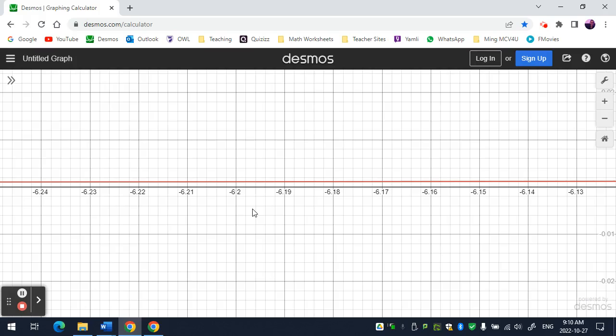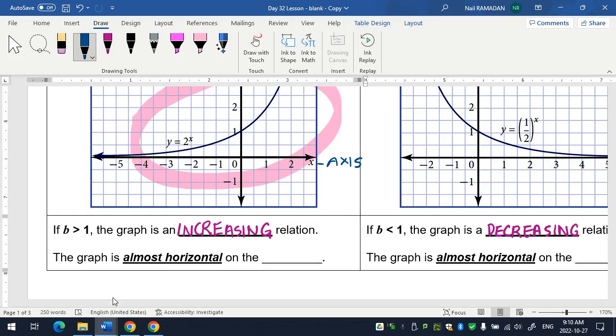But we know even if you make it touch the axis, is it really ever touching? Very good. Okay, awesome. So we can say what here? The graph is almost on the x-axis. But I want you to write: never touches. Okay?